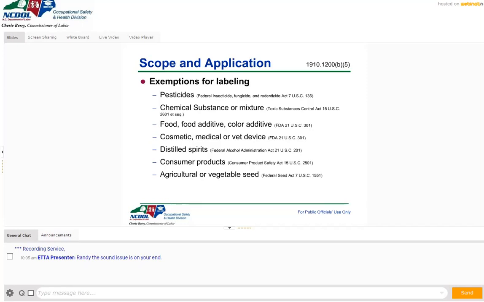Okay, we've got a great question. And this is one that we're going to get into a little bit more later, but we'll go ahead and talk about it now. Do household cleaners require a safety data sheet? Now, one of our favorite answers is it depends.